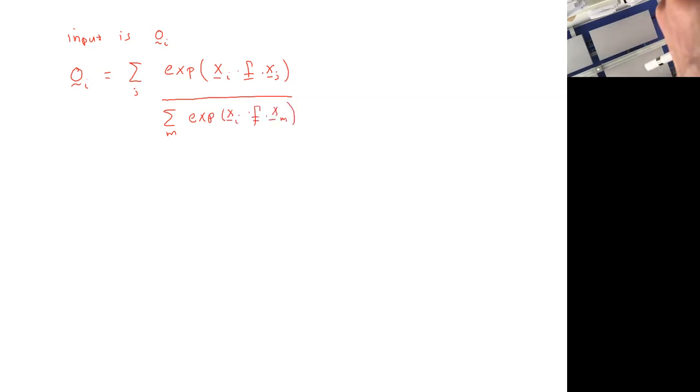These names are inherited from the paper. oi is the sum on j of softmax: exp of xi dot some matrix dot xj, divided by the sum on m of exp of xi dot some matrix dot xm, times xj.